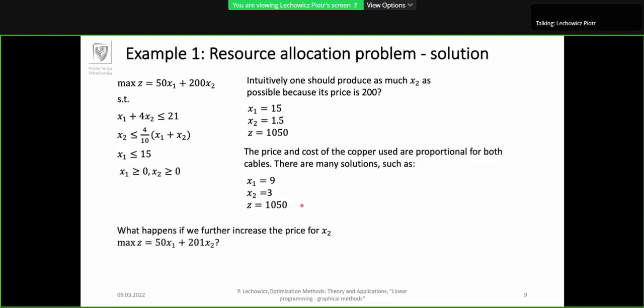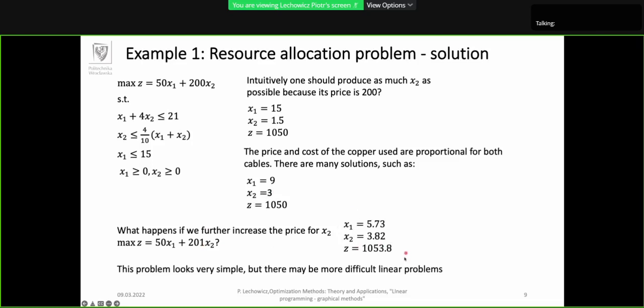However, what will happen if we further increase the price for the second fiber? So if we slightly modify the objective function, the only difference is that the price for the bigger cable is 1 zloty higher for 1 meter of cable.